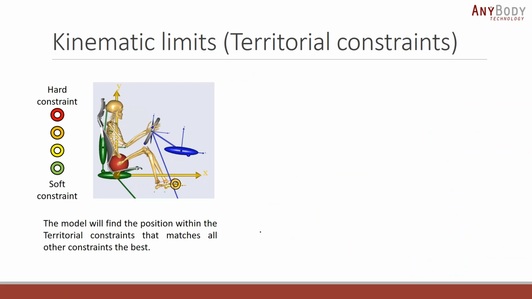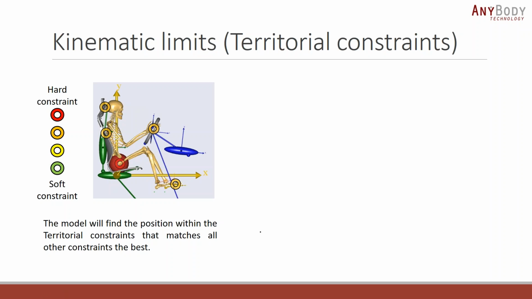This is actually a model from my panelist here, Kasper, who made this as part of his master thesis. It's a model of a package design where the model is seated in the seat here with a hard constraint on the hip, on the H point of the hip. Then we have a number of not so hard constraints.